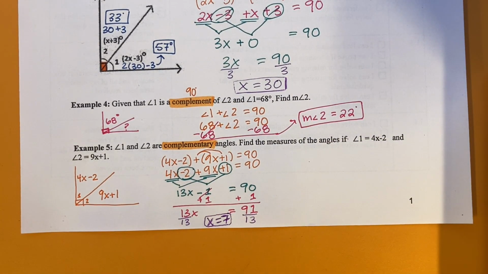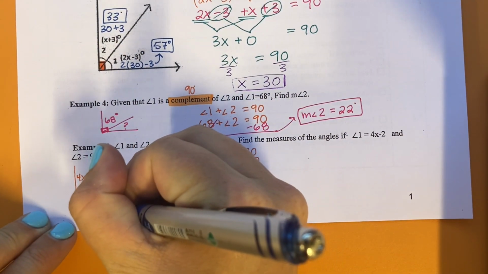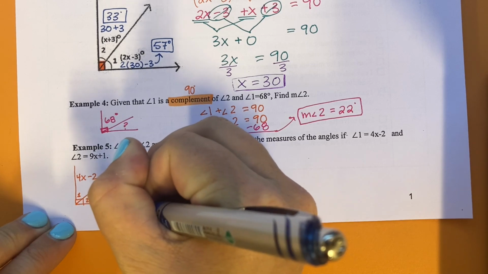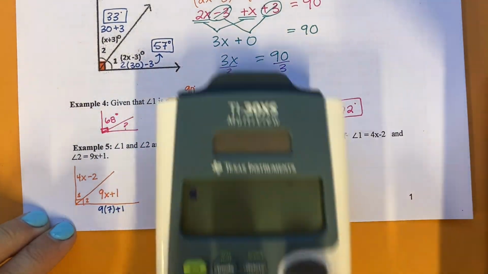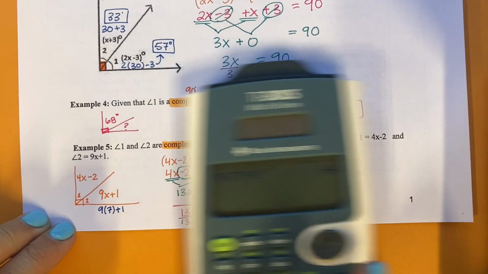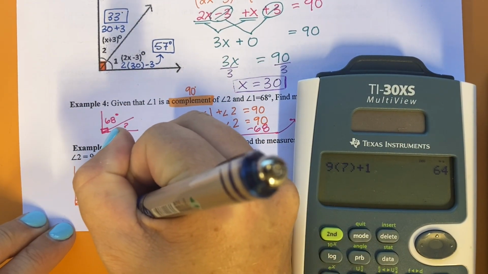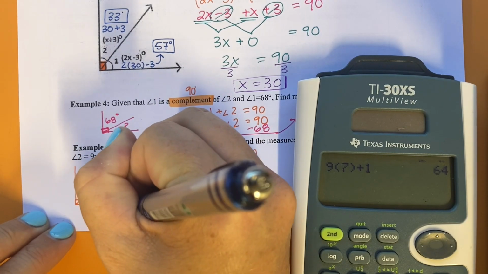If they want us to find the missing angles, we take that 7 and we plug it back in. When we plug it back in, I would have 9 times 7 plus 1. This is 64 degrees.